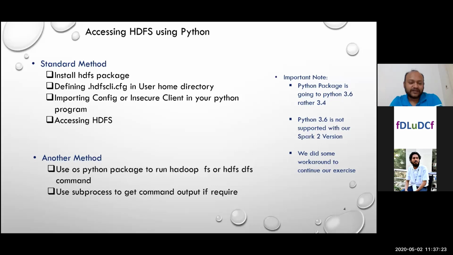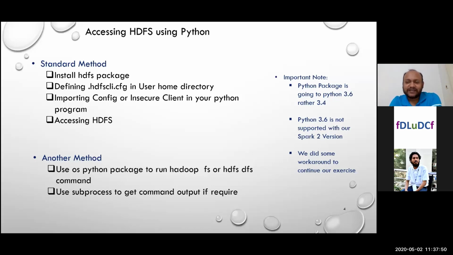by this package. We are supposed to use Python 3.4 because it is compatible with Spark 2. But I was having some issue in Python because it always went to Python 3.6. I don't have time to look into that.